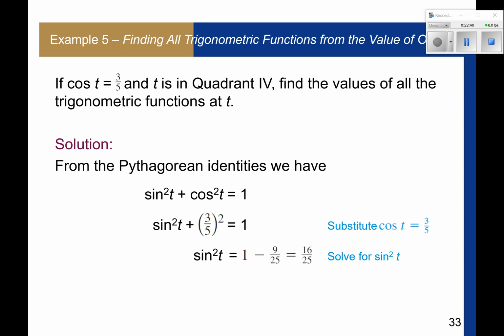Subtract that from both sides. So 25 over 25 minus 9 over 25 will give us 16 over 25. Take the square root. Hey, look at that. It's square root of 16, 4. Square root of 25 is 5. Plus or minus. Now we've got to go back and read: if we're in quadrant 4, should that sign be positive or negative?